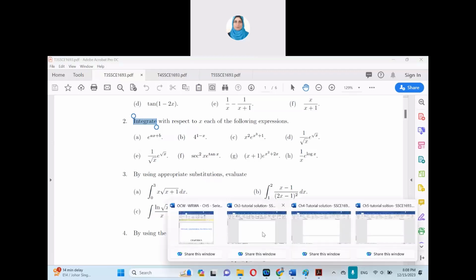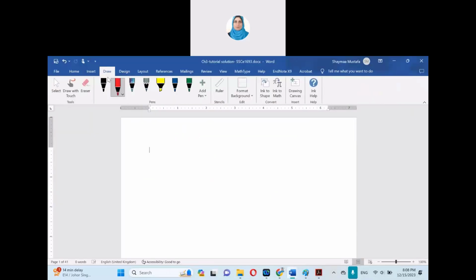To integrate question 2B, you need to integrate 4^(1 minus x) dx.